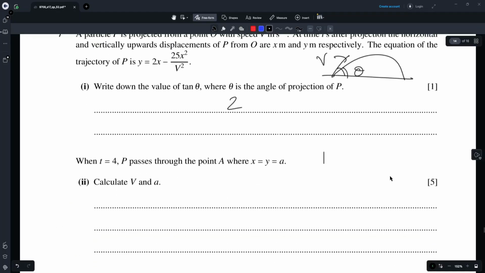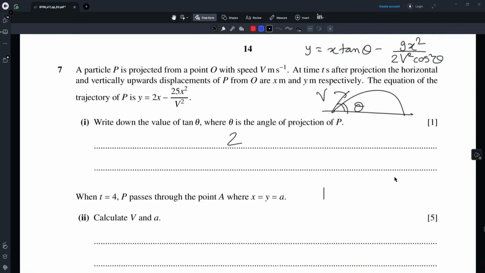So when t equals 4, P passes through a point A where x equals y equals a. So it means that when t equals 4, a equals 2a minus 5a squared by b squared. This is equation 1. And I also need to find out the values of g and this whole thing.